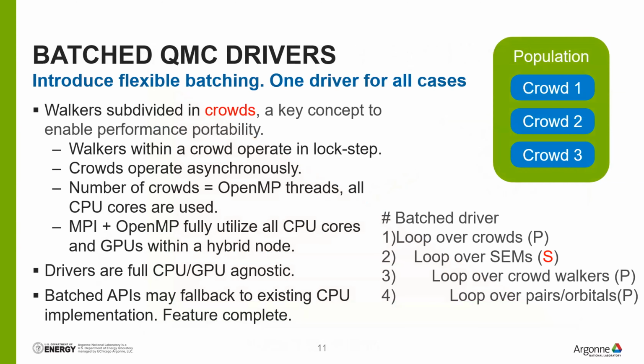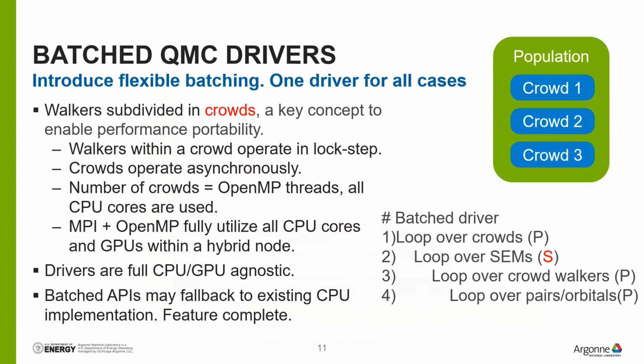So the idea is to introduce a new concept, basically a new layer. All the workers in a population are now subdivided into crowds. This is not a physics concept; it is more about compute, how we design the code and how we dispatch the workload.